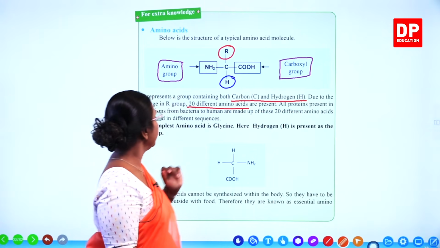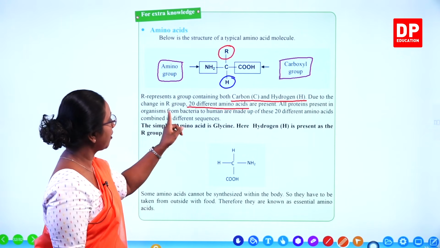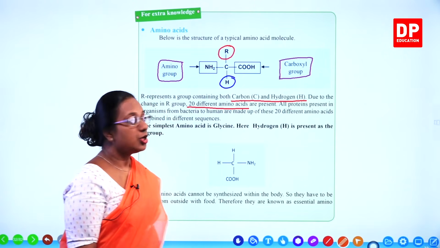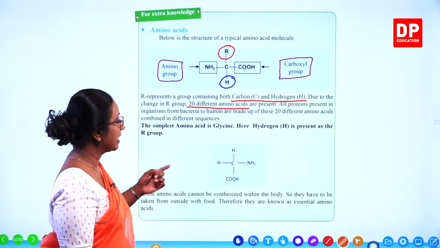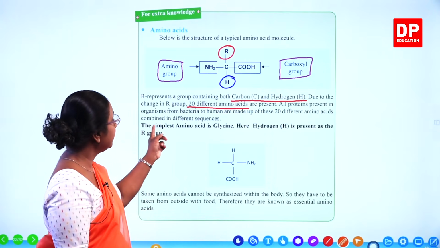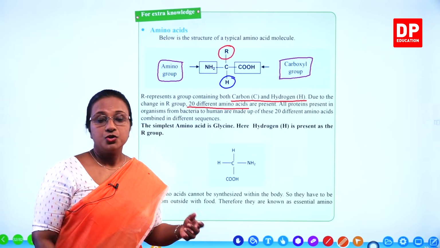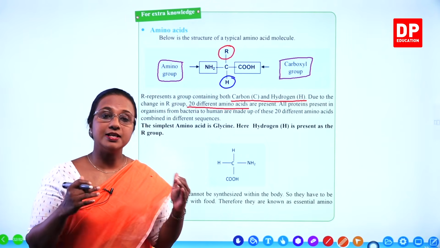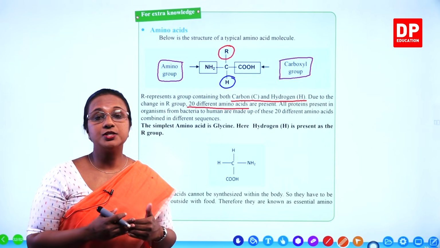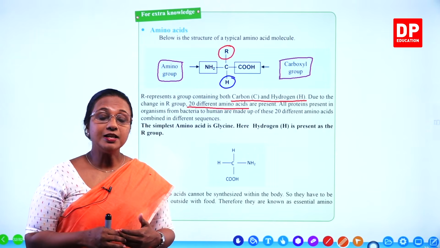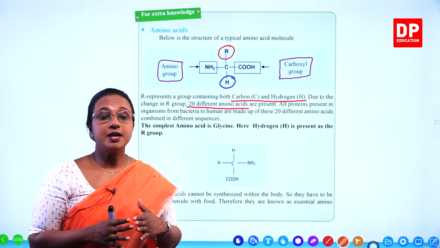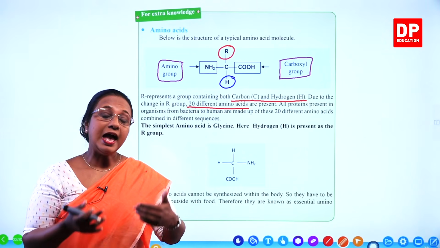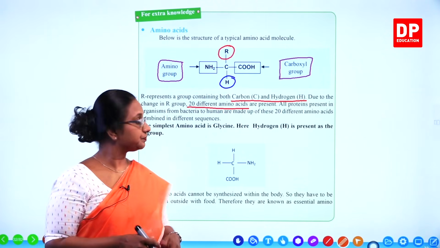All proteins present in organisms, from bacteria to humans, are made up of these 20 different amino acids combined in different sequences. When they combine in different numbers and different order, that is what we refer to as the sequence of amino acids. That gives rise to different types of proteins with different properties and different uses.